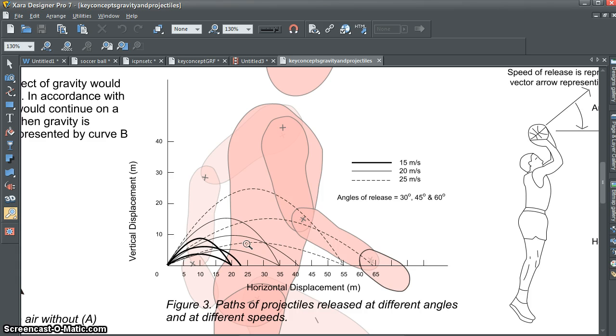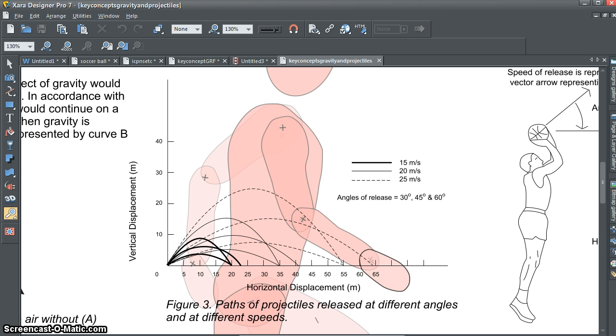Similarly, it also shows that objects projected at angles different from 45 degrees will travel the same distance when the angle itself is equidistant from the 45-degree optimal. So an angle of 30 degrees and 60 degrees will produce the same range if the object is released with the same speed.